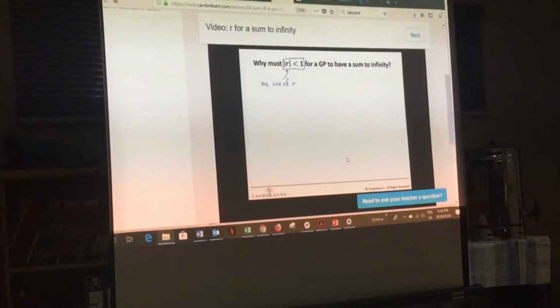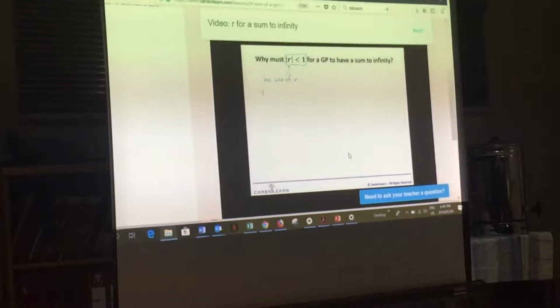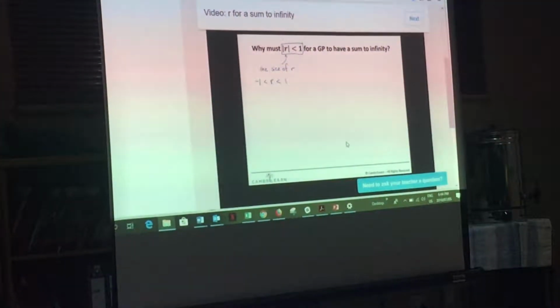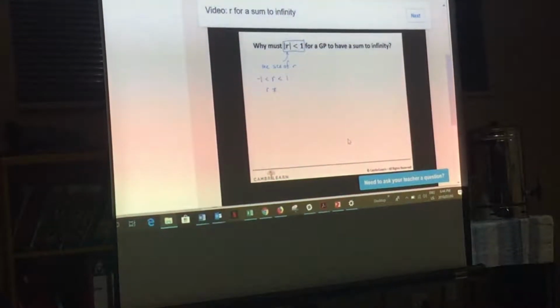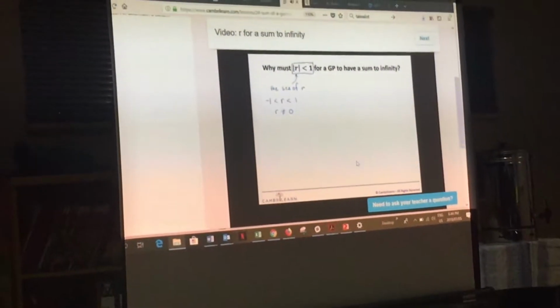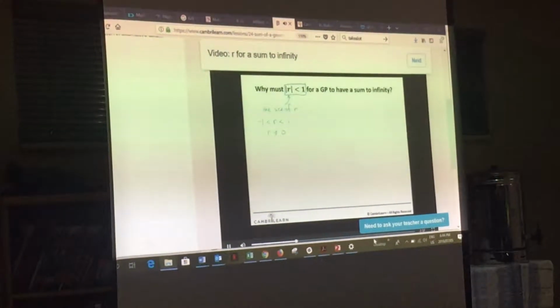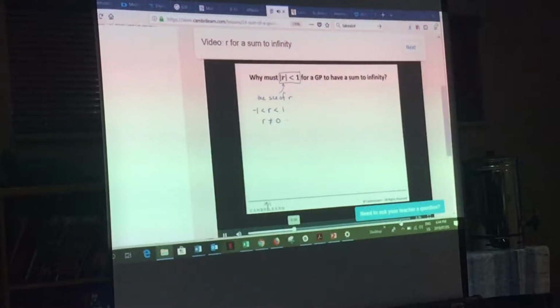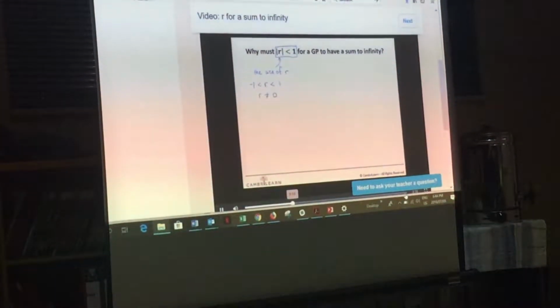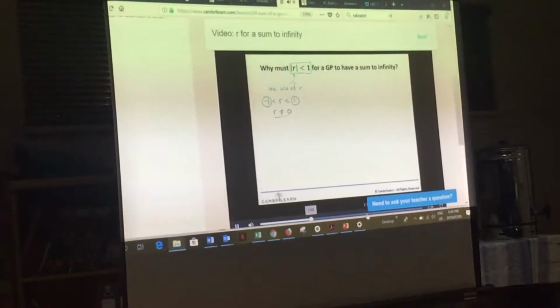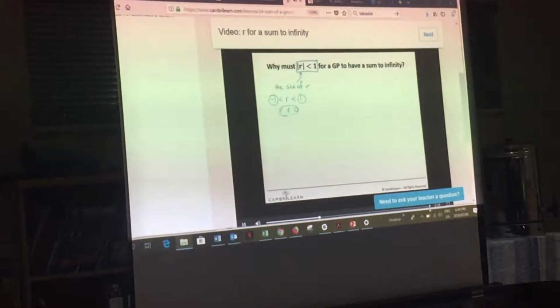So this means, if we write it out, minus 1 is less than R, which is less than 1. We also have that R doesn't equal 0. So R can be minus 0.9, it can be plus 0.9, it can be anything in between, as long as it is not minus 1, it is not 1, and it is not 0.